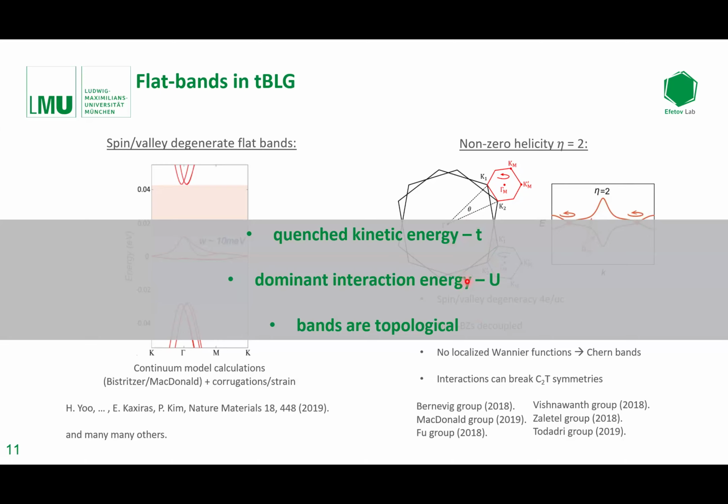The kinetic energy is not necessarily boosted, even though it can be boosted by the high density of states in such flat bands. But we definitely can easily reach the limit where the interaction energy is now much bigger than the kinetic energy. So this is really the important criterion for Mott insulators, for example.